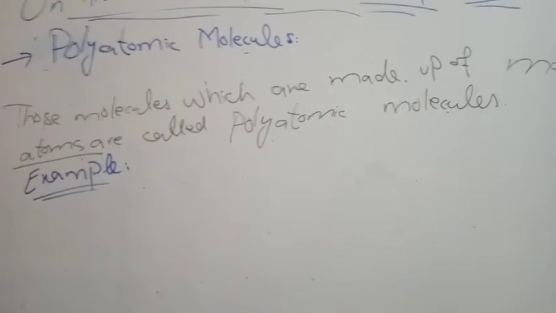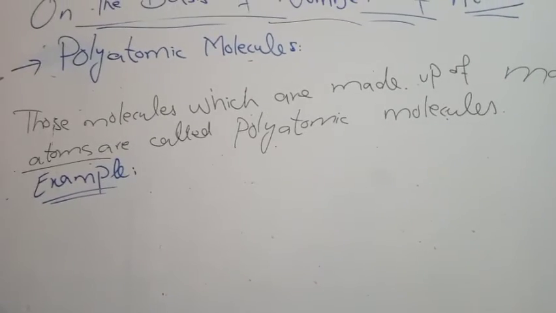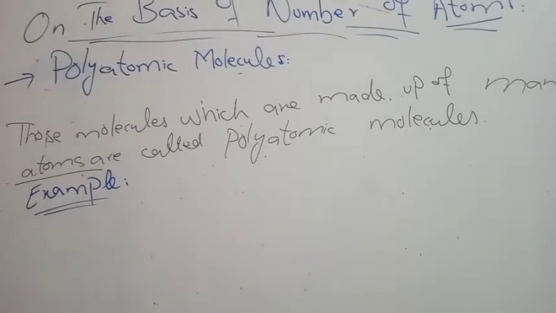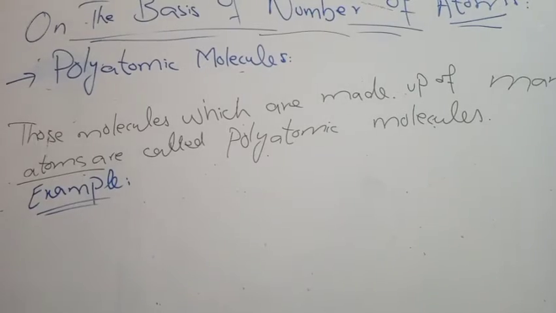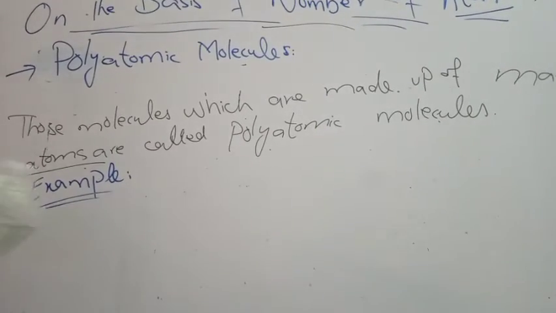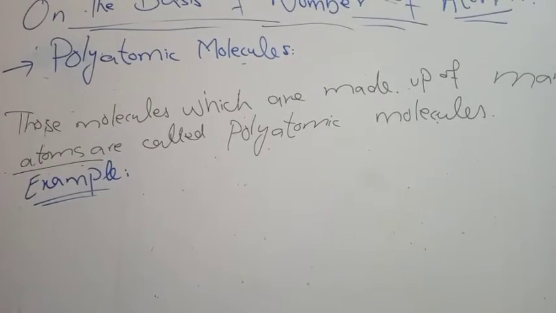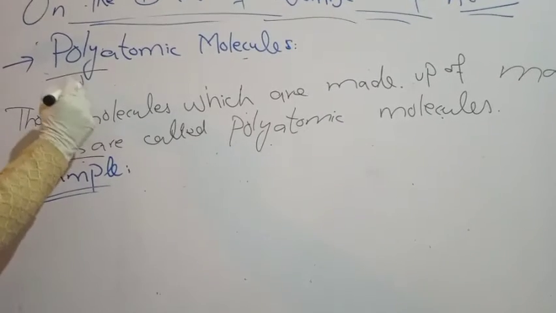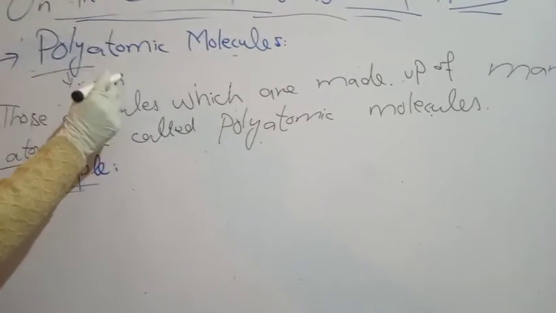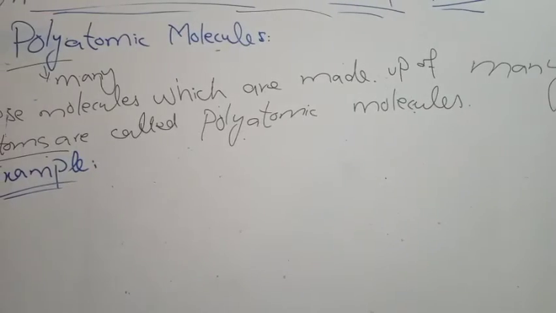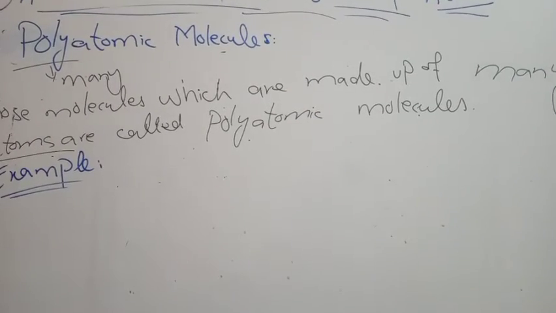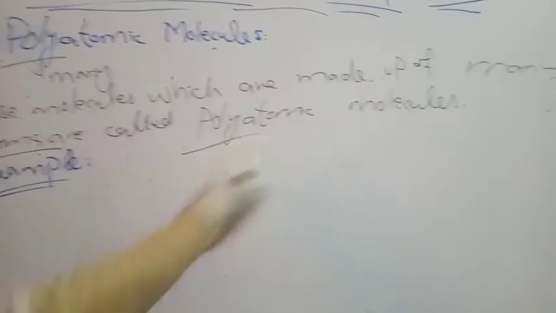Students, now I will discuss another type of molecules on the basis of number of atoms, and that is polyatomic molecules. As its name indicates, it is made up of many atoms. Poly means many. So those molecules which are made up of many atoms are called polyatomic molecules.